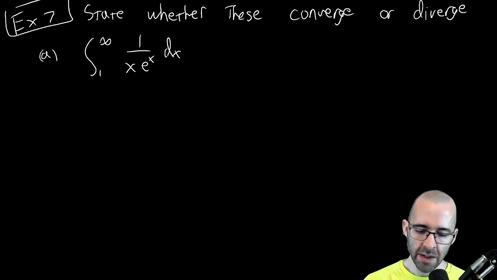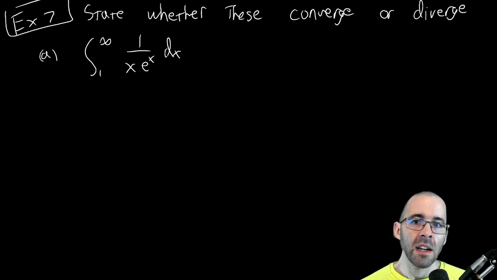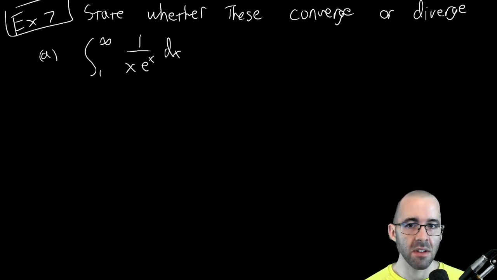I don't know if we can evaluate this with the topics of this class. I want to say we cannot, but maybe if we were very creative, we could. Either way, it'd be a pretty messy integral, even if we could do it. But we don't have to evaluate this integral. We just need to know, does it converge or does it diverge?